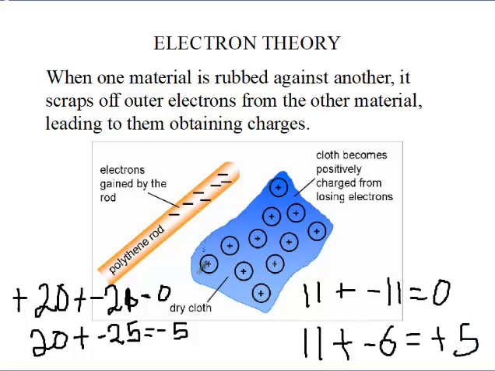These two calculations only tell us that when a material gains electrons, it is accepting more negative charges, and ultimately it will become negatively charged. When a material is giving away electrons, it is giving away negative charges, and in the end, it is going to obtain a positive charge.